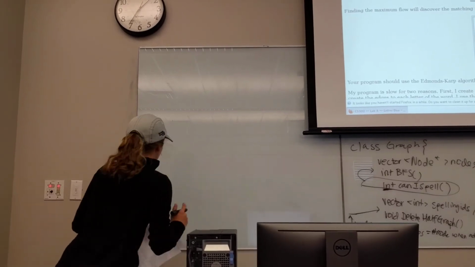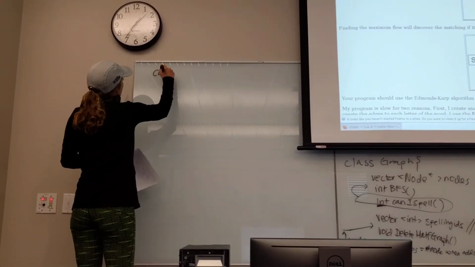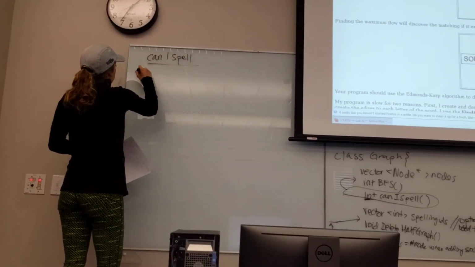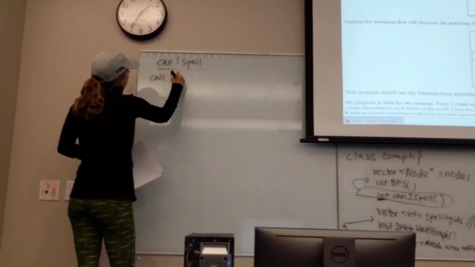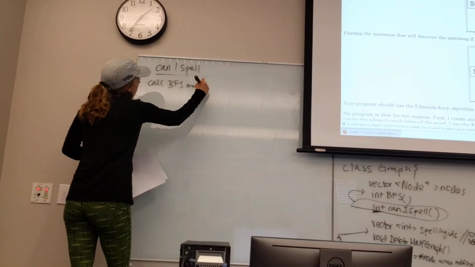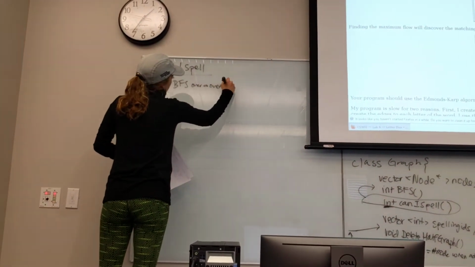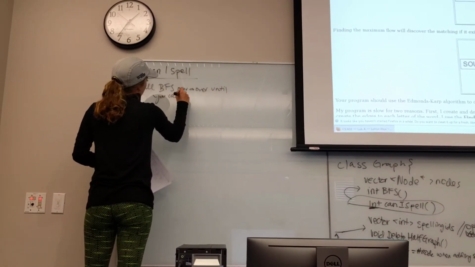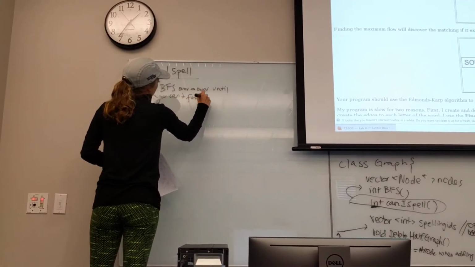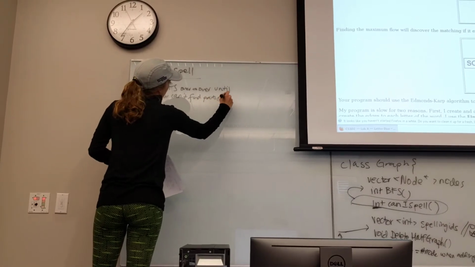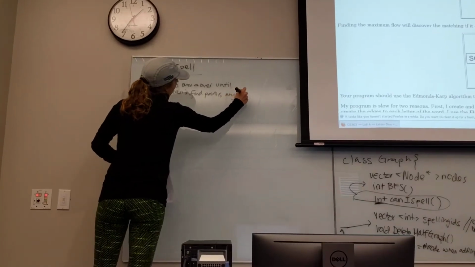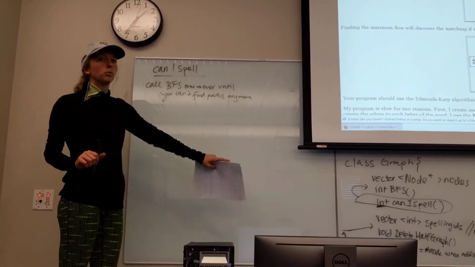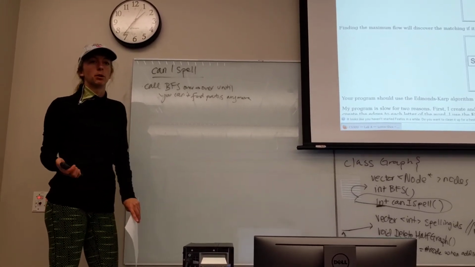Okay, so we're looking at Can I Spell. So Can I Spell calls breadth first search over and over until you can't find paths anymore. So this should be easy to implement because you can just make breadth first search return 1 if you found a path, return 0 if it doesn't.